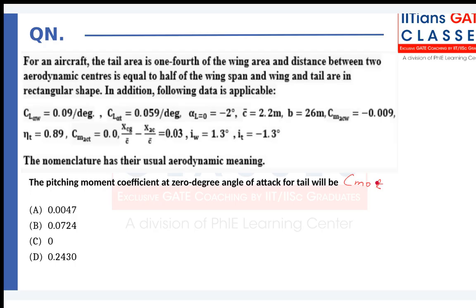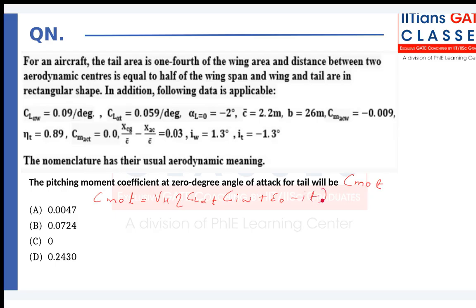Okay, let me write down the equation. VH, CL alpha tail, I wing plus epsilon naught minus I tail. Now what is missing here?